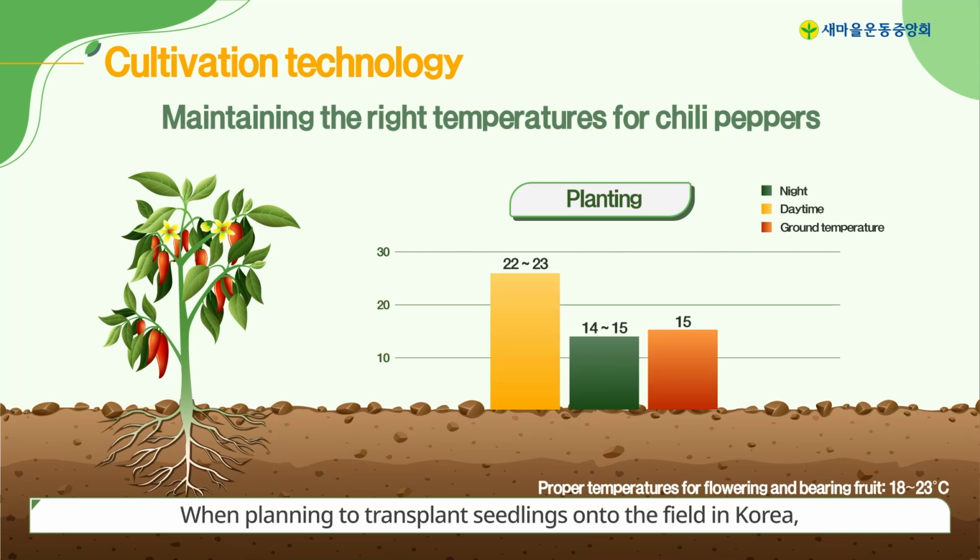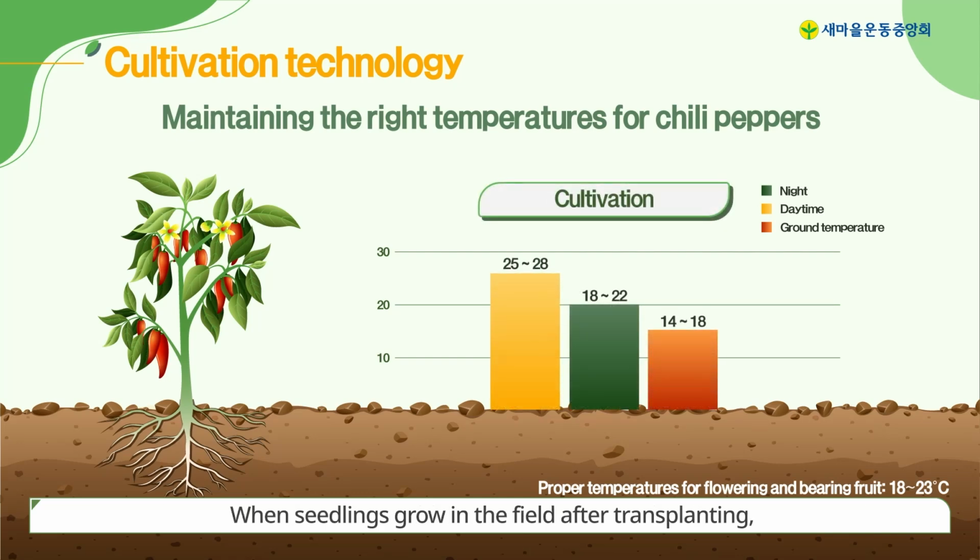When planning to transplant seedlings onto the field in Korea, it's good to maintain temperatures at 22 degrees Celsius to 23 degrees Celsius, which is a little lower because the spring temperatures are low, and 14 degrees Celsius at night with soil temperature at around 15 degrees Celsius. Keep the seedlings in such conditions before transplanting them onto the field.